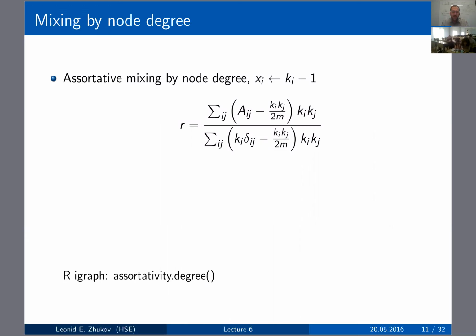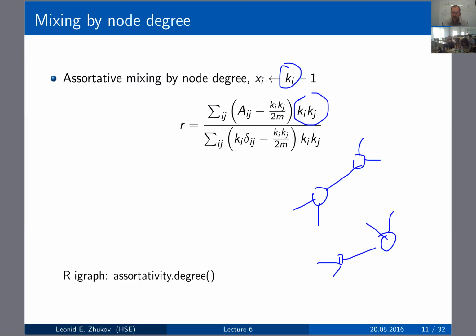And here we're literally talking about whether in the graph nodes of high degree are connected to nodes of low degree or the other way around. So do we have this kind of situation in the graph that occurs most of the time, or do we have, say, this kind of situation, when a high degree node is connected to a low degree node?